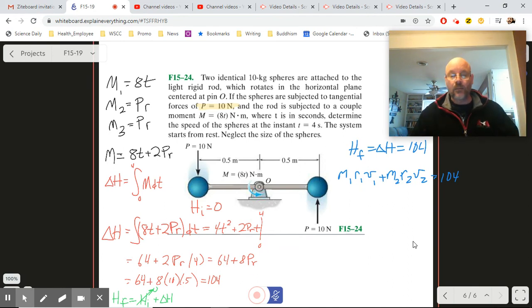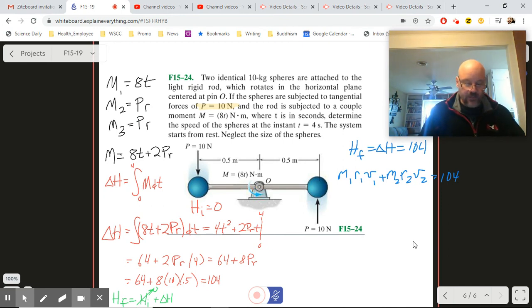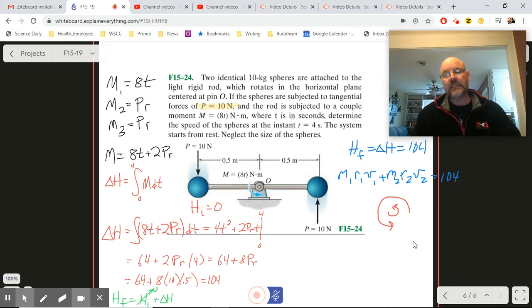Now, if the R values weren't the same, then it could be one is going slower than the other one. And we might have some kind of strange situation where one ball is moving on the inside and the other ball is moving further out on the outside. So then we have to figure out how we find what the velocity is.